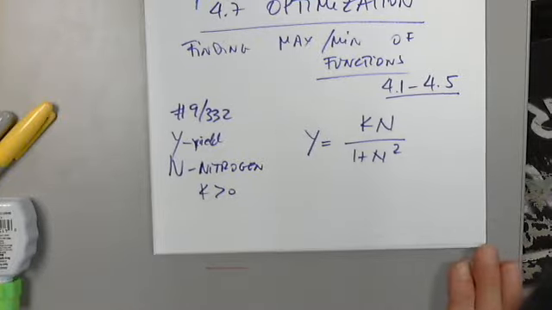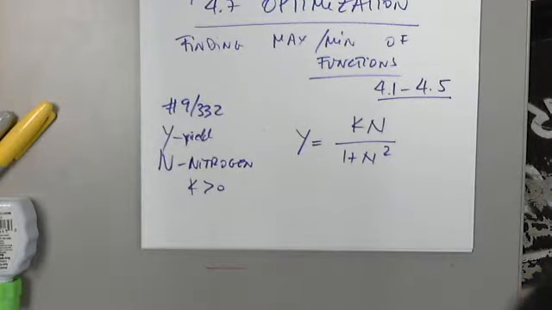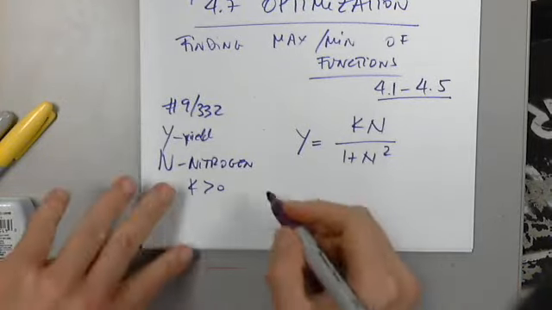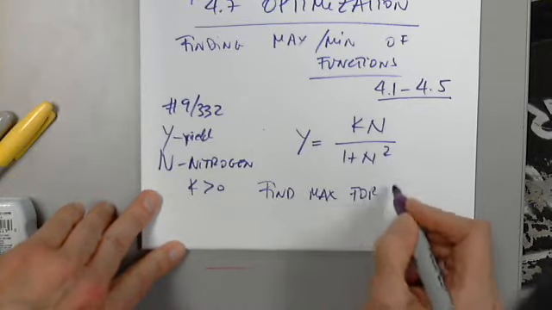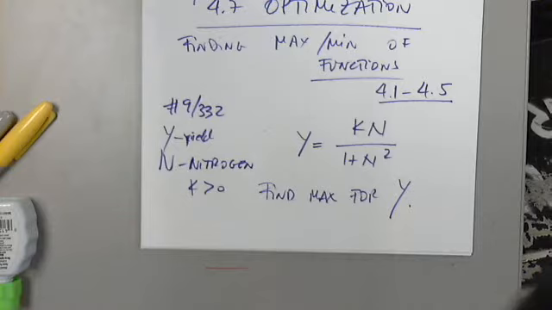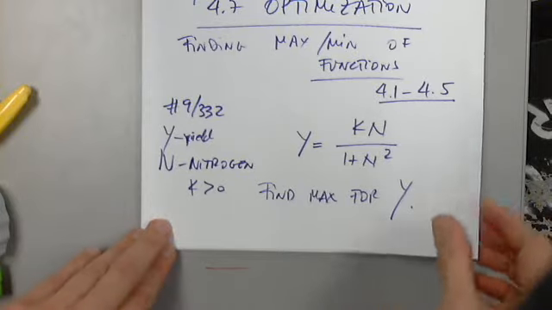What does that mean? What are we asked to find? Maximum of Y. Exactly. In other words, find max for Y. Awesome. How do I find the max for Y? What do I have to determine based on what we know?